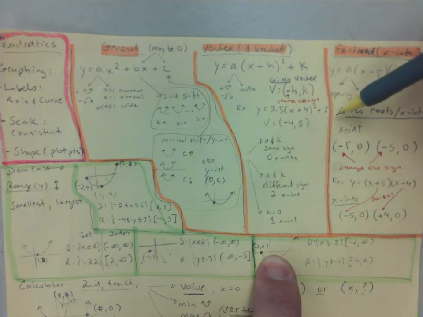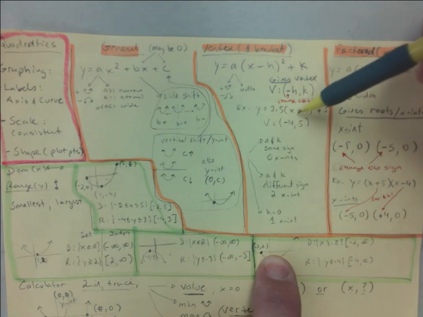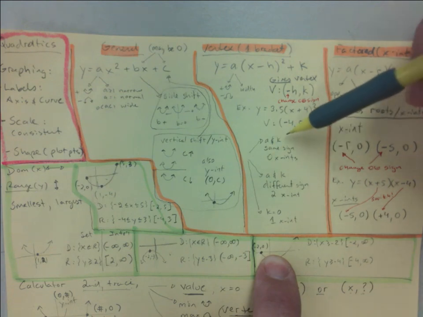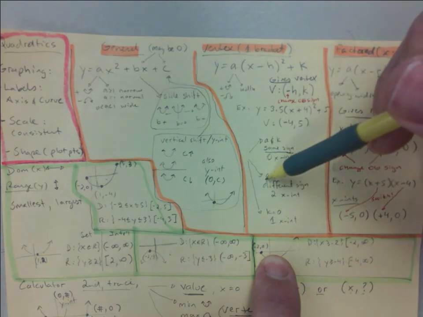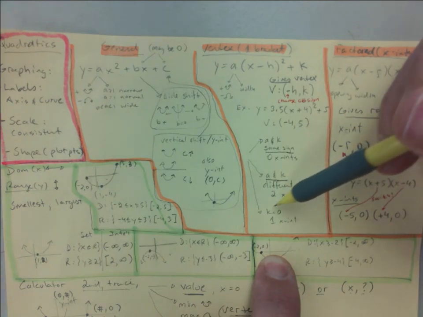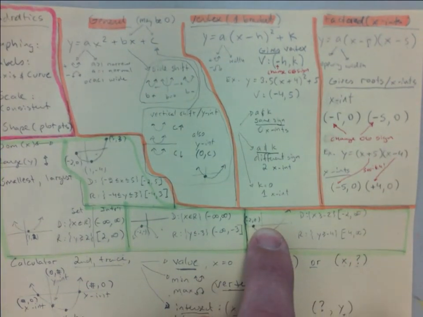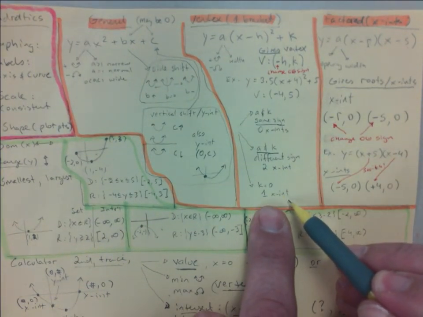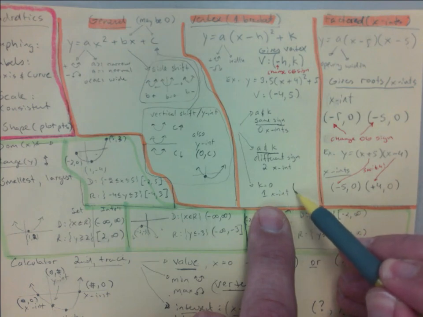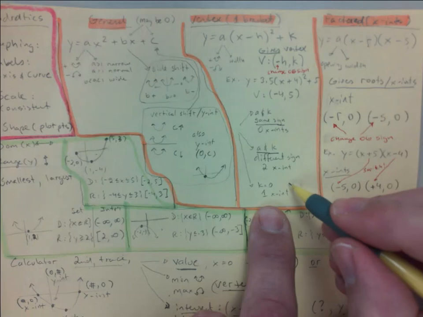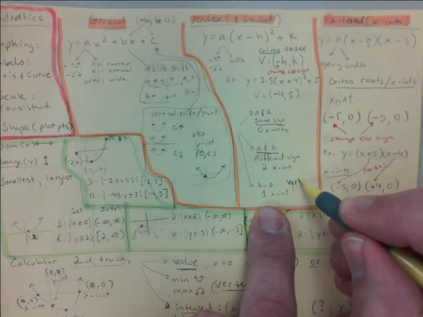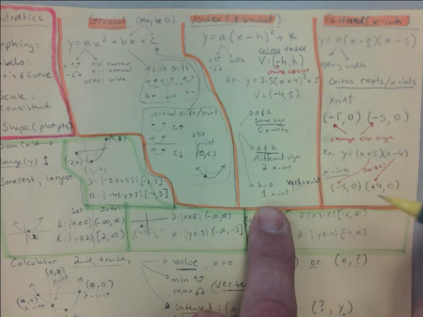I give myself an example where I have +4, +5, and then the plus turns into negative, so that's something to observe, but the 5 is there. Then I also tell myself that if A and K have the same sign, there are no intercepts. If they have different signs, there are 2 x-intercepts. If K is equal to 0, it has exactly 1 x-intercept. It's on the x-axis. That's when the vertex is the x-intercept as well.